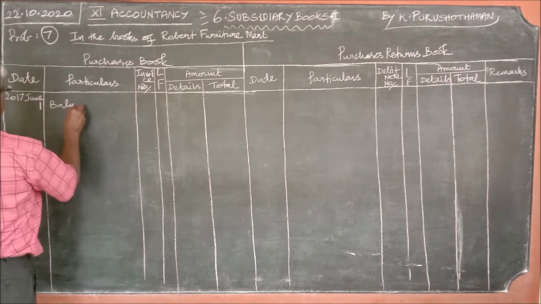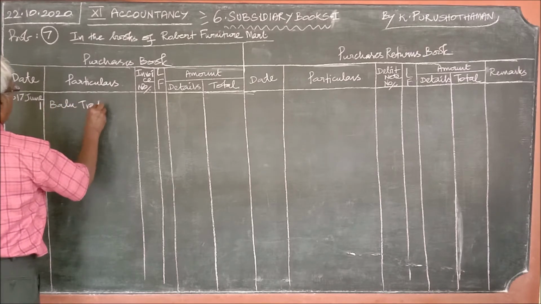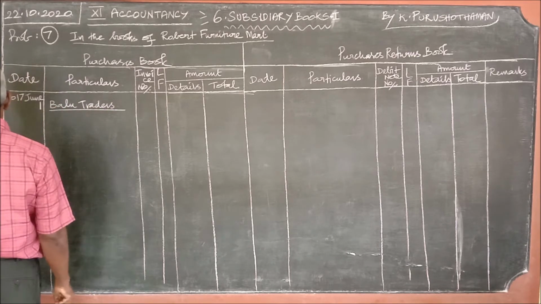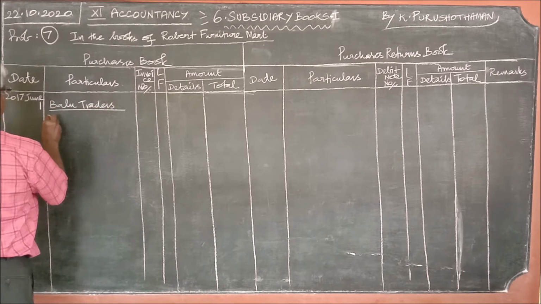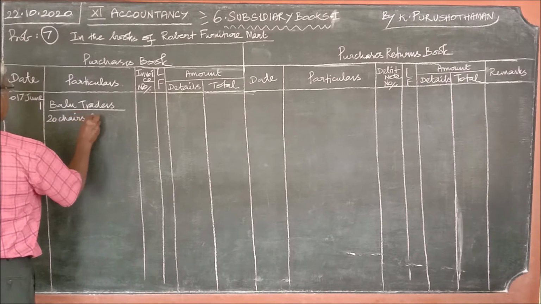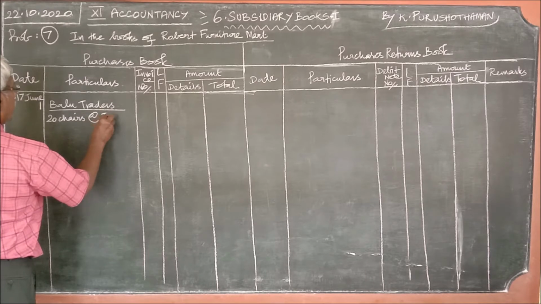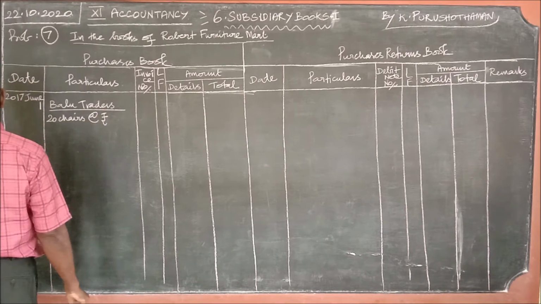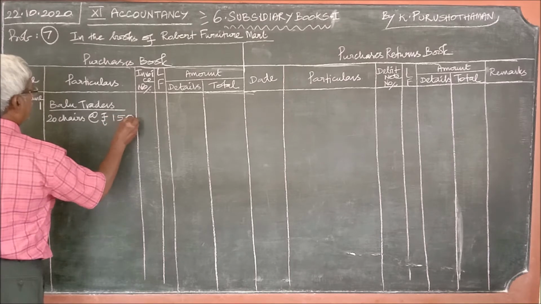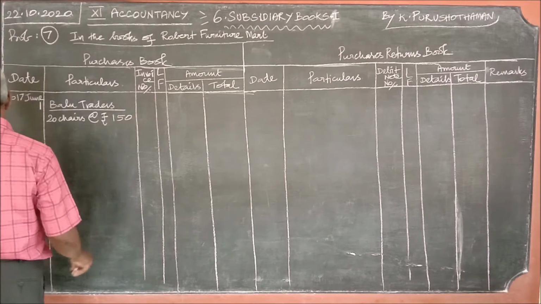June 1st, purchased from Balu Traders. What is purchased from Balu Traders? 20 chairs at the rate of rupees 150 each on credit. That's why it is appearing here.